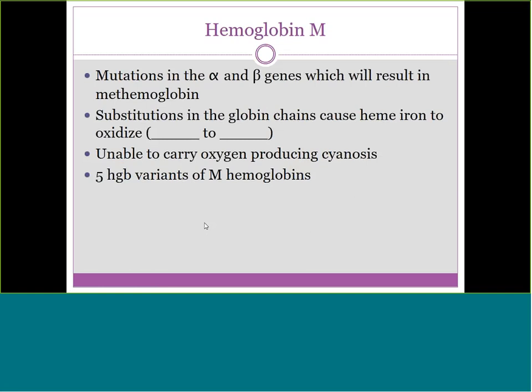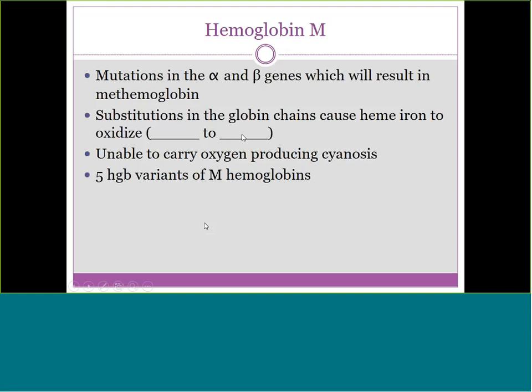We discussed it. Hemoglobin M is when your iron changes. Remember, in nice, healthy hemoglobins, it should always be in the ferrous 2+ state. When iron changes from 2+ to 3+ ferric, that's what makes methemoglobin. So that's kind of what goes in these blanks right here.